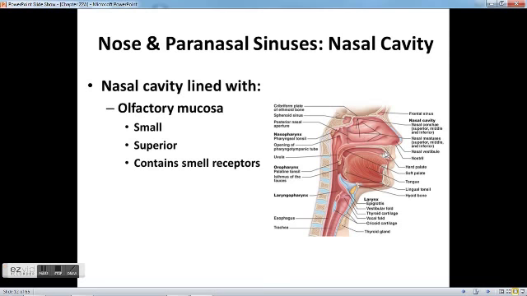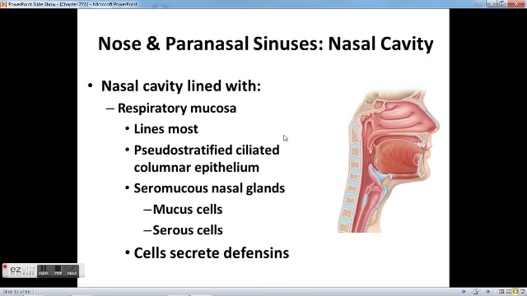That is the only place that smell receptors are located. And this is kind of tricky because that is not the natural place that air hits when you breathe in through your nose. So that's why sniffing, short bursts of air being brought into your nose, can actually help you smell something a little bit better. Think of what dogs do. They sniff all the time, and those short bursts of air can pass those chemical odorants across their olfactory epithelium.